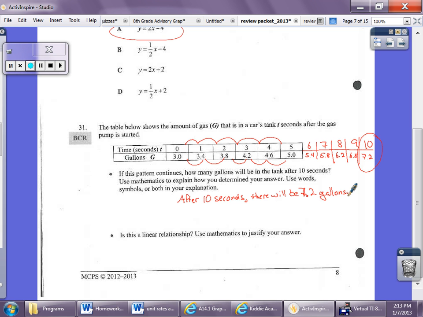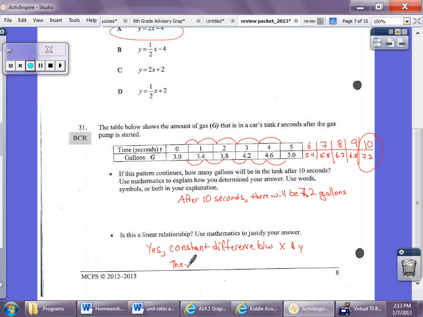Well, yes, this is a linear relationship because there's a constant difference between x and y, meaning the x value is always increasing by 1.